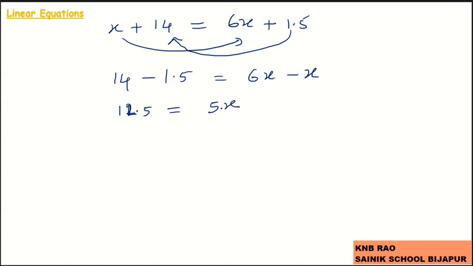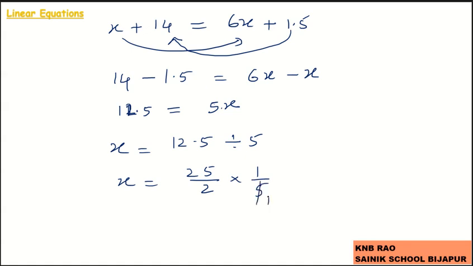And here 5 is multiplying x equal to 12.5, which is nothing but 25 by 2, and further this 5 also divides, 5 ones are 5, 5s are... Now, x value you have got 5 by 2 or it is 2 and a half.